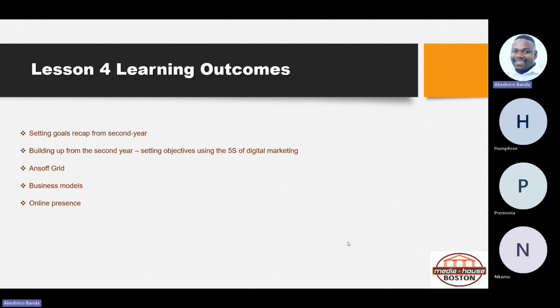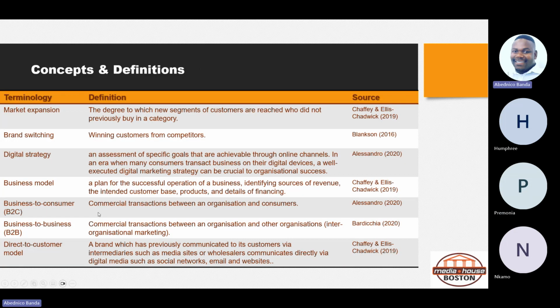So we just started lesson 4, where we are going to be looking at goal setting, looking at the ends of grid, and looking at online presence. These are the key terms that you are going to be coming across as this lecture progresses. You are going to come across the concept of market expansion, brand switching, digital strategy, and business model.